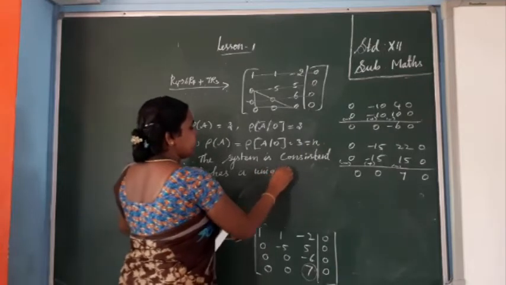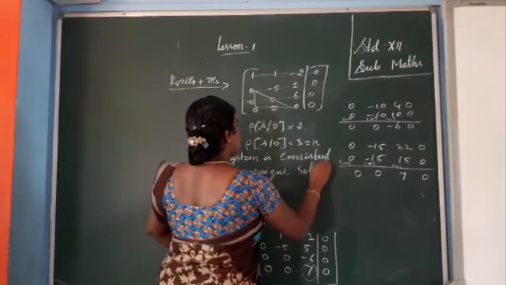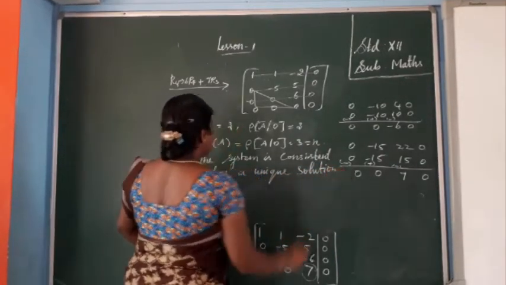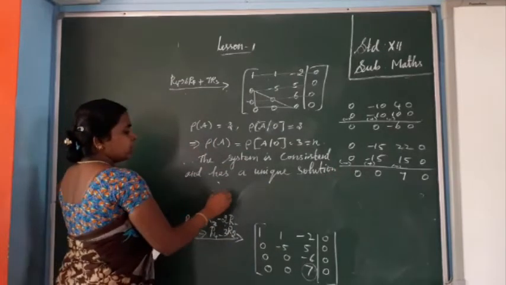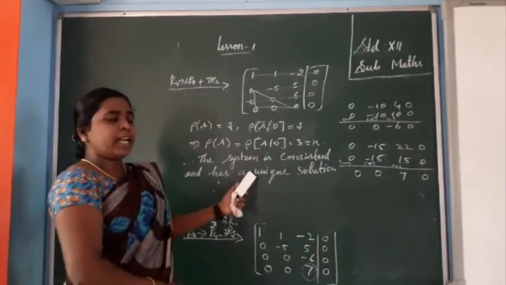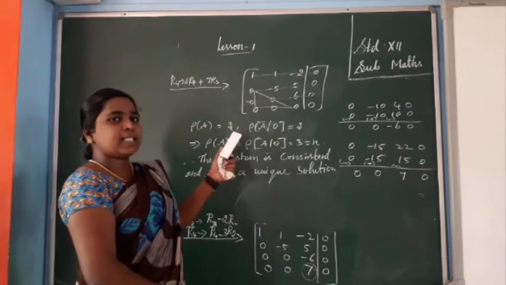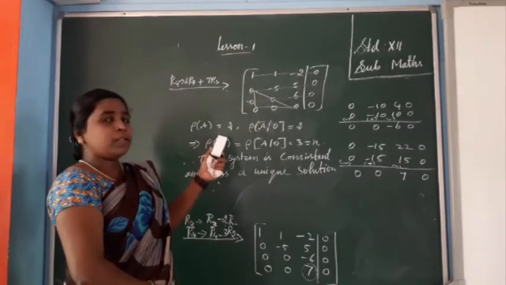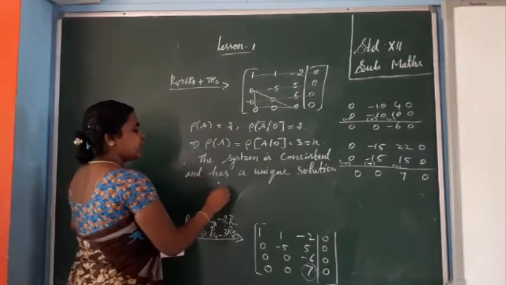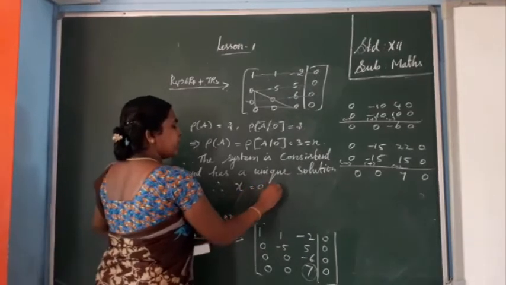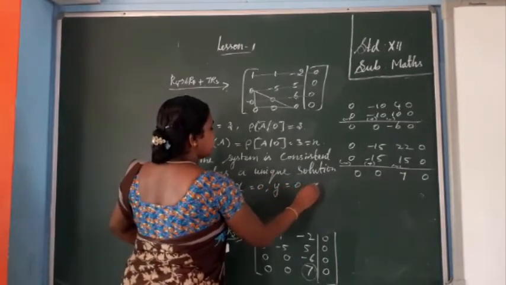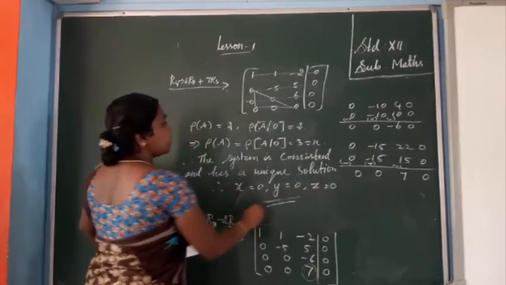Since it is unique, and this is not a homogeneous equation, we can write the solution directly: x equal to 0, y equal to 0 and z equal to 0. This is the answer.